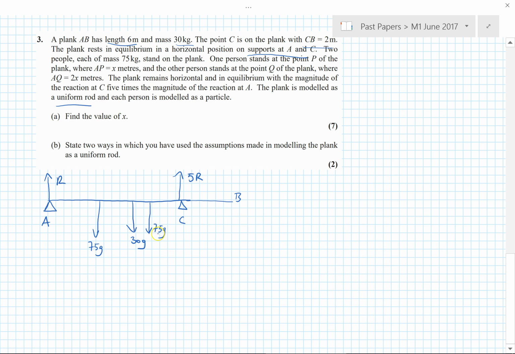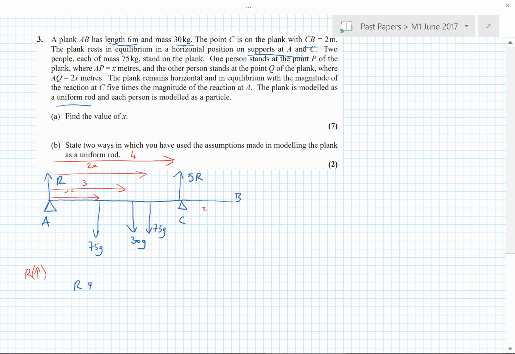So let's mark on some distances. It might make sense to go about A. This distance here is x. This distance here, because it's half of the way along the rod, is 3. This distance from here to here is 2x, because that's given. And the distance to the end is 4. Now, a nice, easy first step is just to resolve vertically.